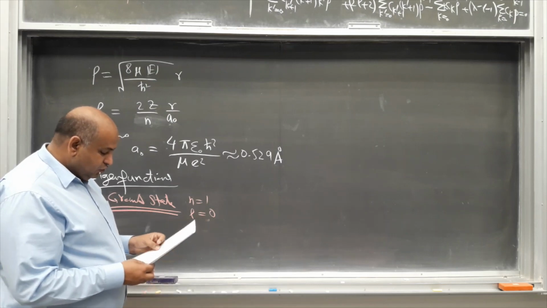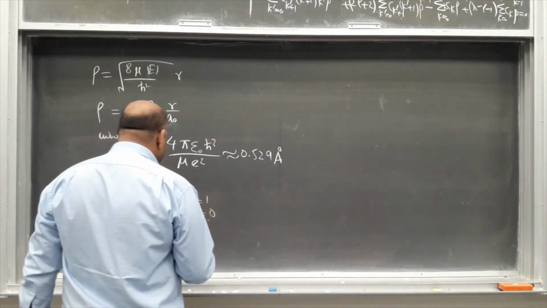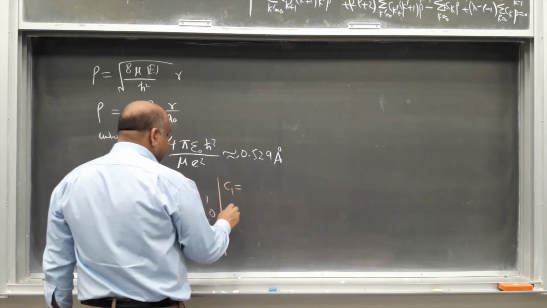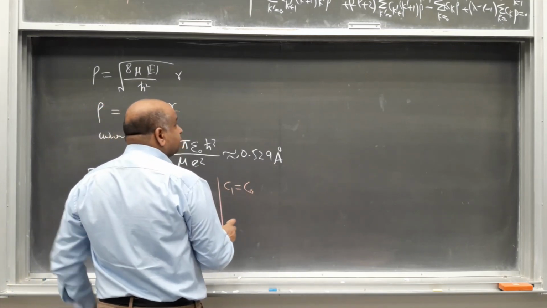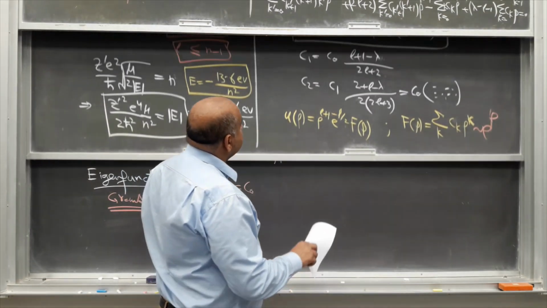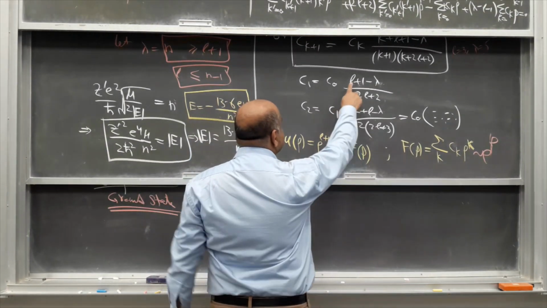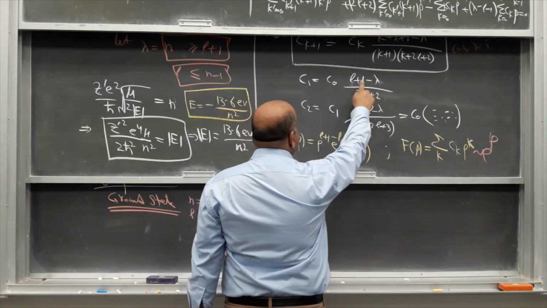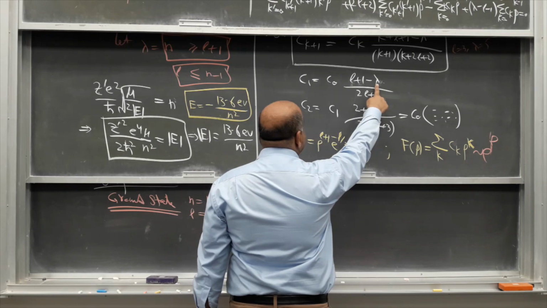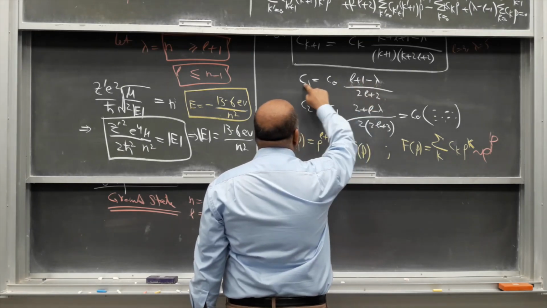So when L is 0 and n is 1, we see that C1, which was C naught, let me just see from here. So if this lambda is 0, this L is 0, and this lambda is 1, which is now n. So if this is 1, this is 0, 1 minus 1 is 0, so C1 is 0.